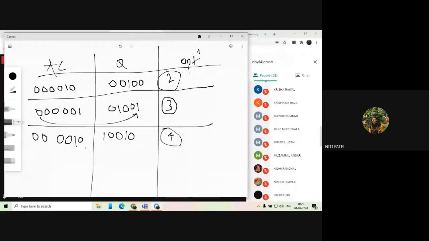This is your fourth cycle. Since the value of AC was 1, we have changed the value of Q0 to 0 and we have performed AC is equal to AC plus M, and we have restored the value of AC as well as Q after left shift.